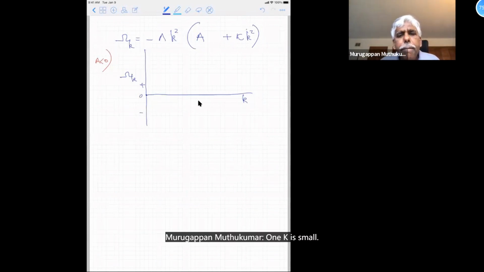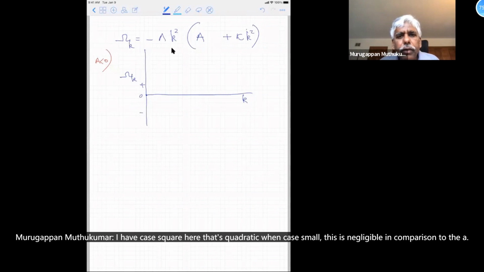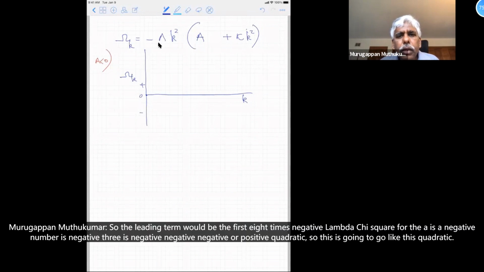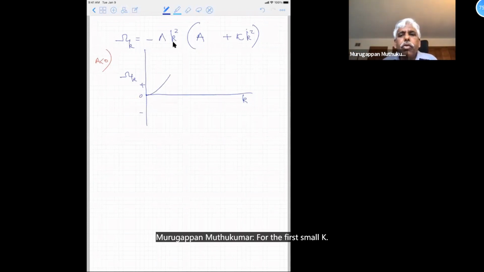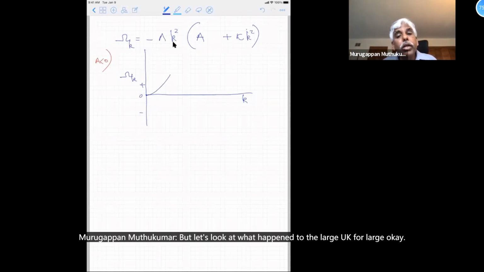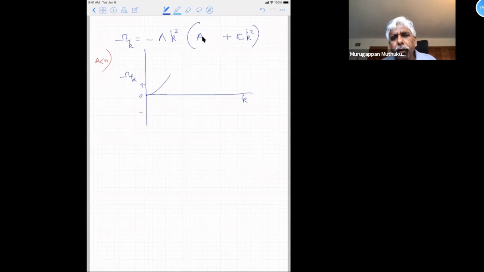When k is small, the kappa k squared term is negligible in comparison with a. So the leading term is negative lambda k squared times a. But a is negative, so this is positive and quadratic, and the curve goes up quadratically for small k. But let's look at what happens at large k. For large k, the k squared term is going to be more important than a.